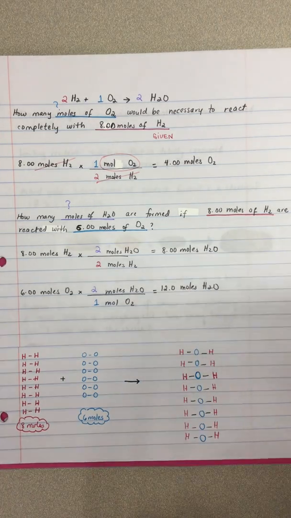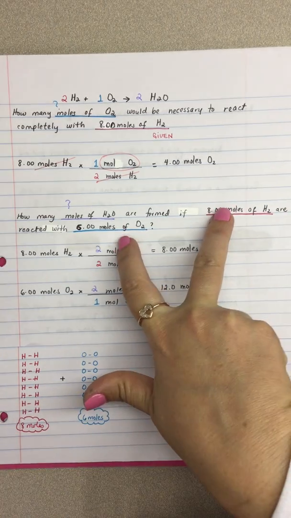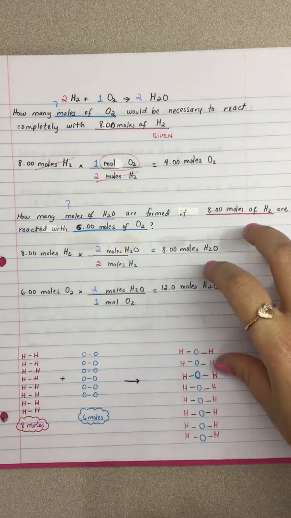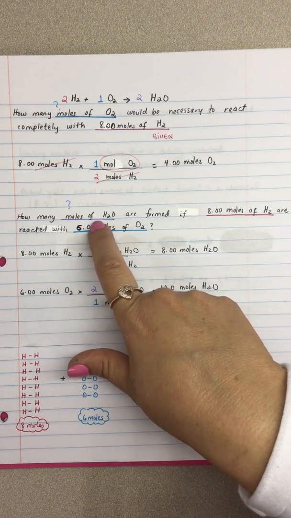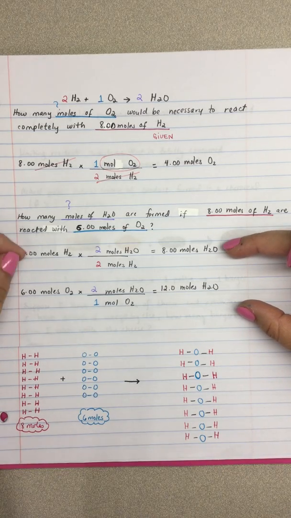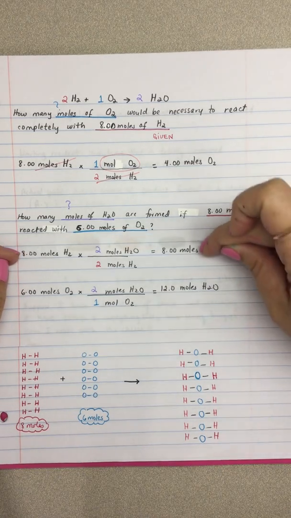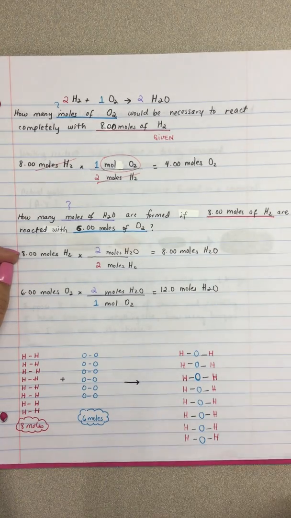So whenever you have a problem like this, where you're given amounts of 2 reactants, right, and you're trying to find out how many moles of a product, which in this case is the water, you're going to do 2 separate steps, one for each reactant, and you're going to calculate how much product you can get with each one.